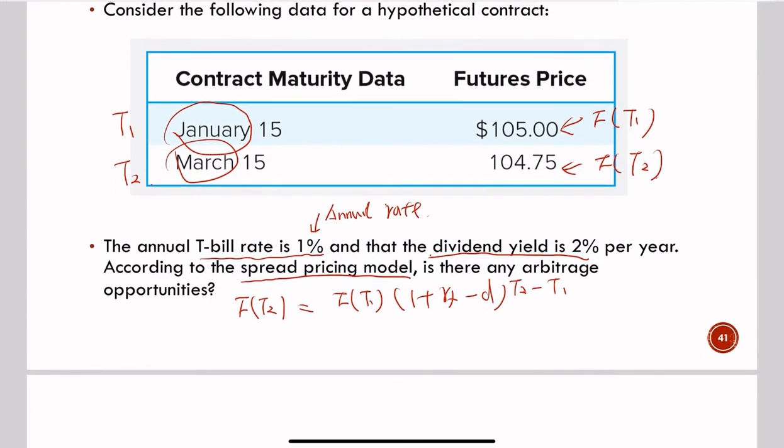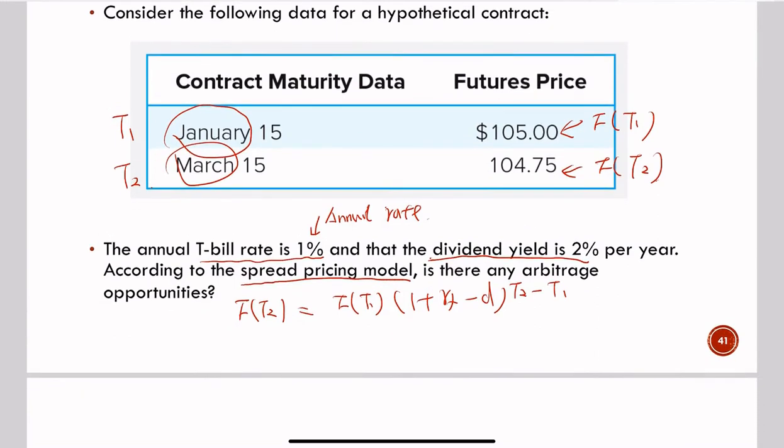So now let's examine whether the pricing formula actually holds. So FT2 is 105, right? Sorry, I should not use an equality sign here. FT2 is actually 104.75. FT1 is 105. 1 plus 1% minus 2%.